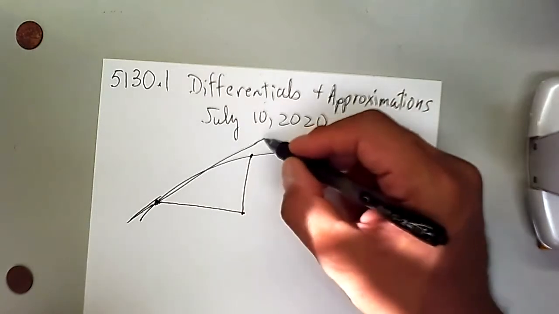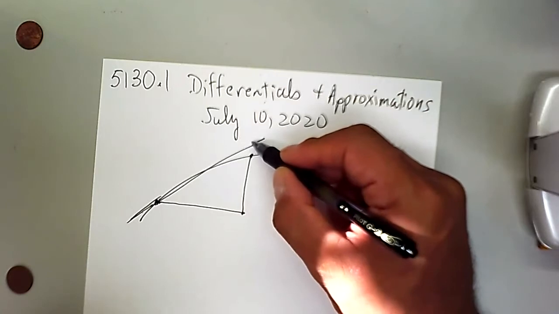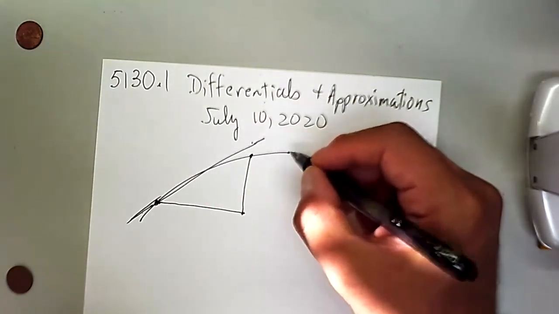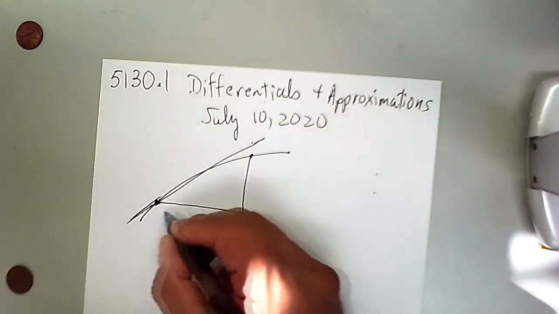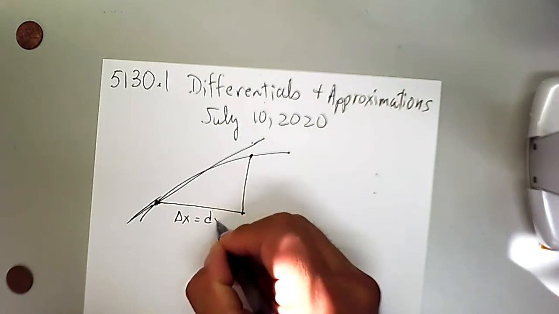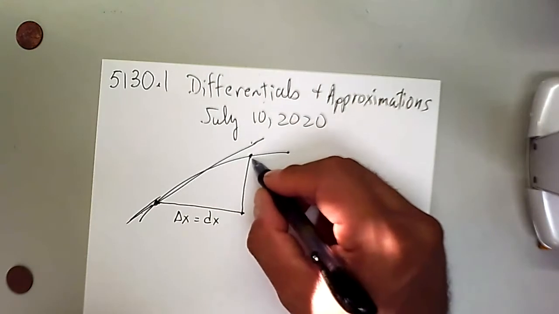Oftentimes, we want to relate those outputs with the straight line, the tangent line instead. Many, many times we want to do that. The distance here across is going to be labeled as delta x or dx, same thing in the horizontal case. In the vertical case, they're going to be different.